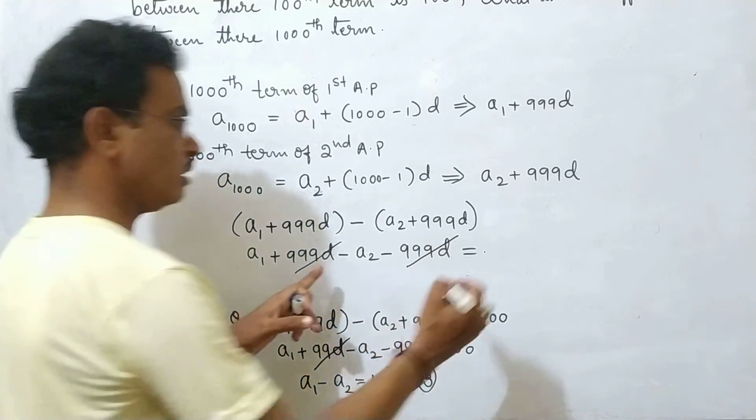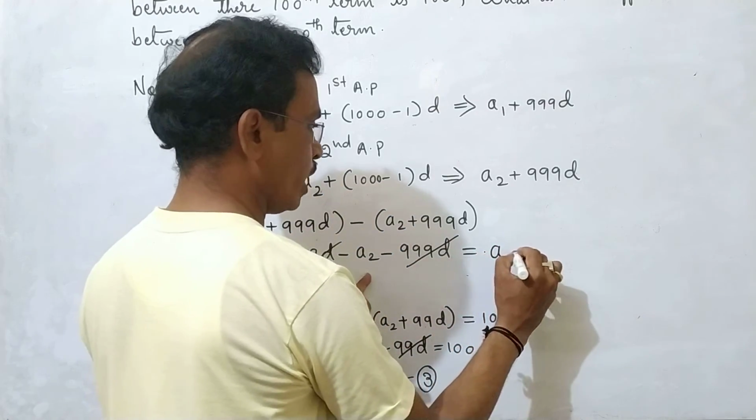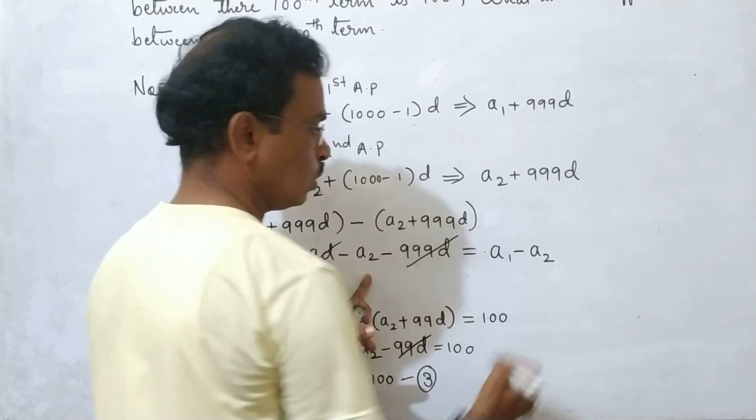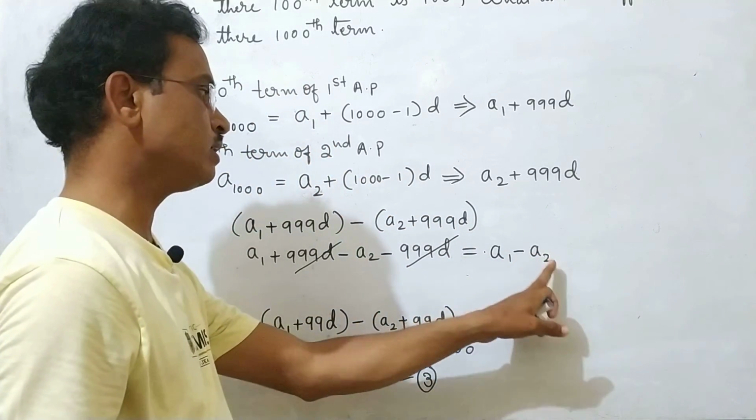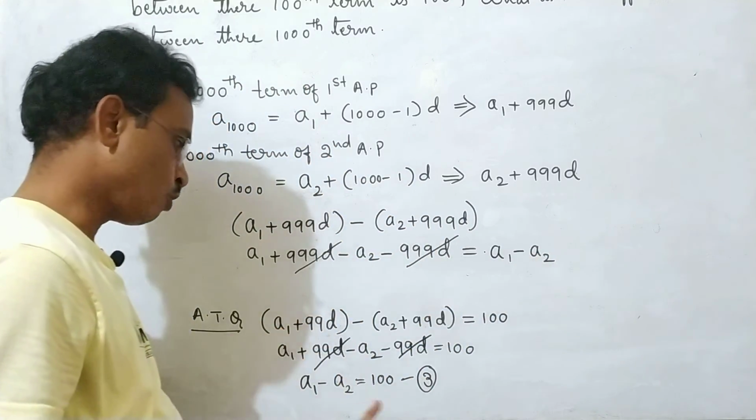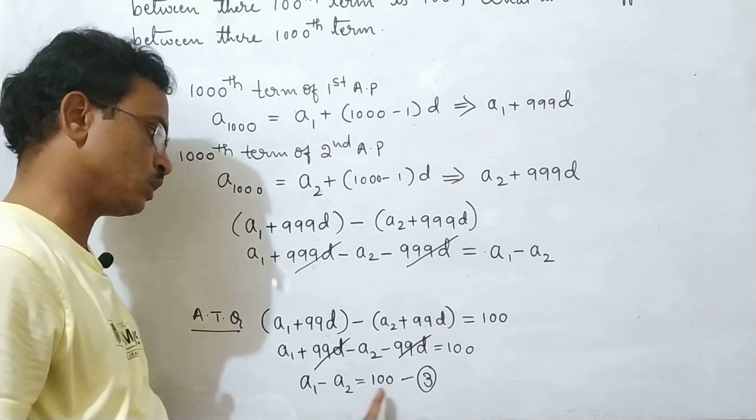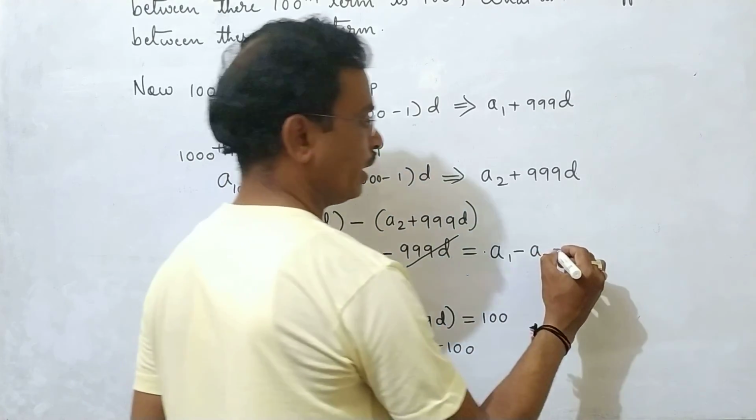What is remaining is A1 minus A2, and from the third point, A1 minus A2 is equal to 100.